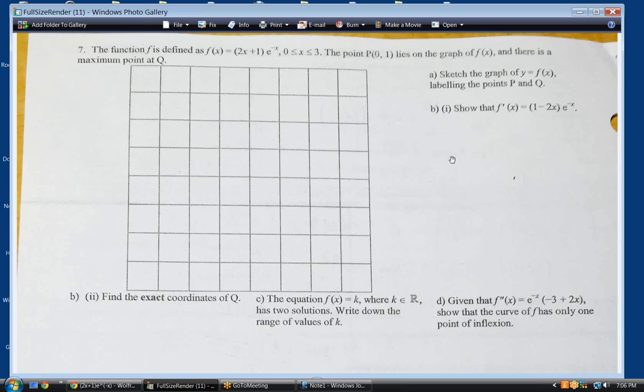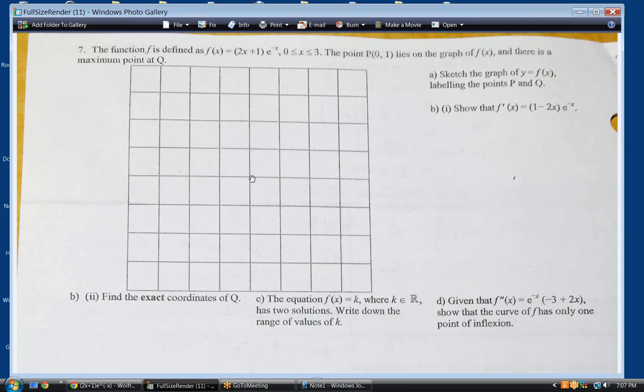Right. Okay. So we can certainly plot point P. If we assume this is the origin here, or did you assume the origin was in the middle of this graph? Yes. Okay. Well, we'll put it there then.